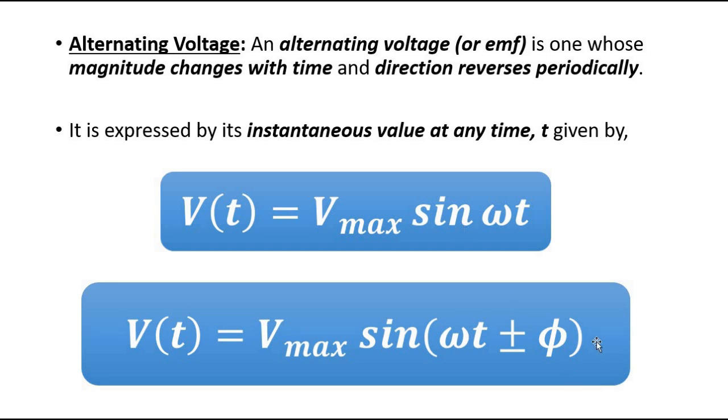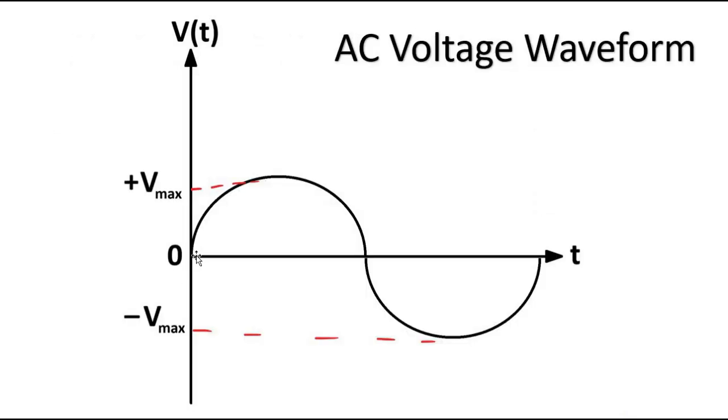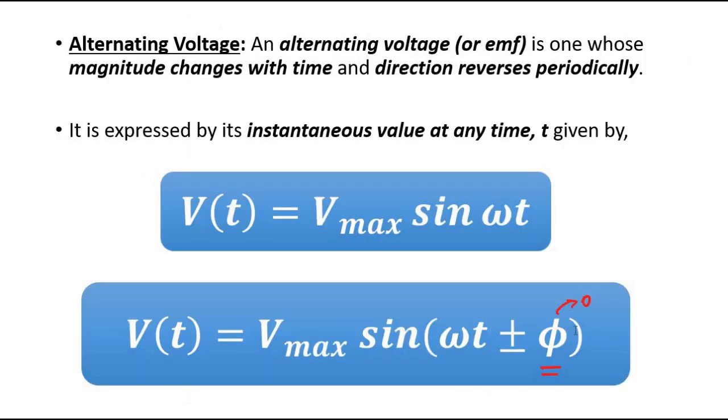In the second expression we have added an extra phi. It represents the initial phase angle, but for now consider it 0 because in this diagram there is no initial phase angle, it is starting from 0. So for now forget about this. The total omega t plus minus phi represents the phase angle.